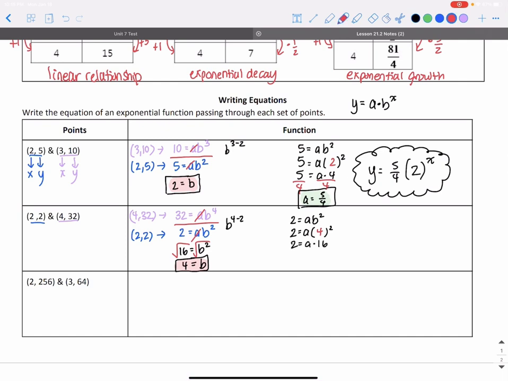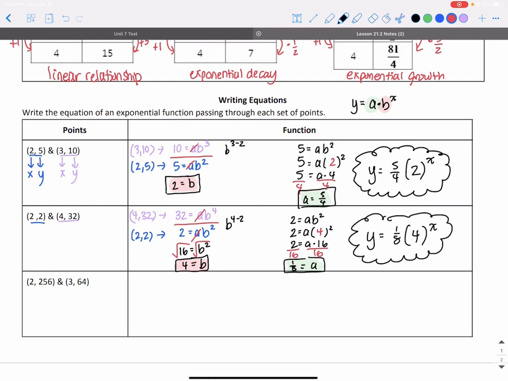If I divide both sides by 16, I'm going to see that a is equal to 1 over 8. This is my initial value. B is my growth rate, which is 4. I'm going to plug this information into the general form. So I have 1/8 times 4 to the x power, and this is my function.